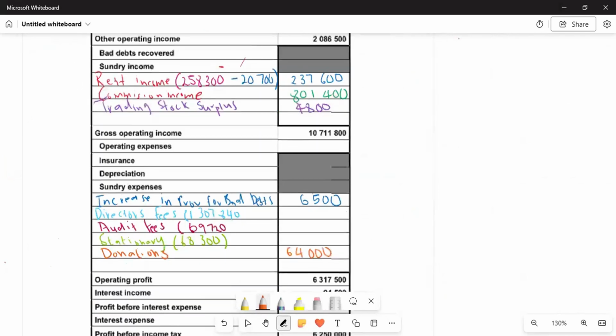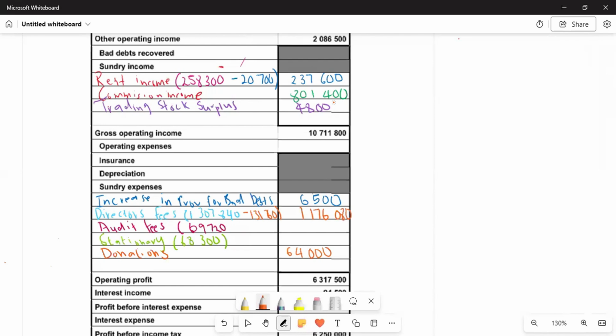So here I need to subtract 131,760. So basically 1,307,840 minus 131,760. My adjusted director's fees are now 1,176,080.